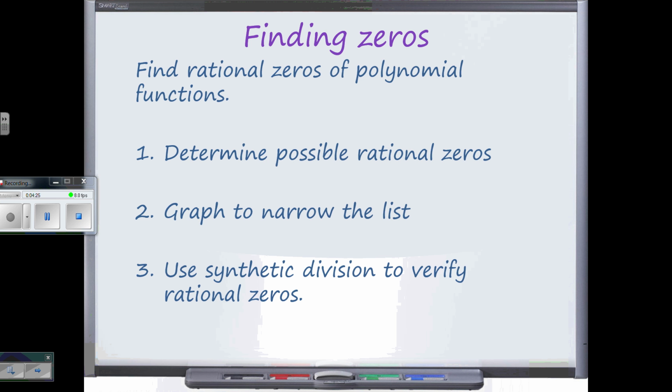Finding zeros. Find rational zeros of polynomial functions. Determine the first step. Determine possible rational zeros.